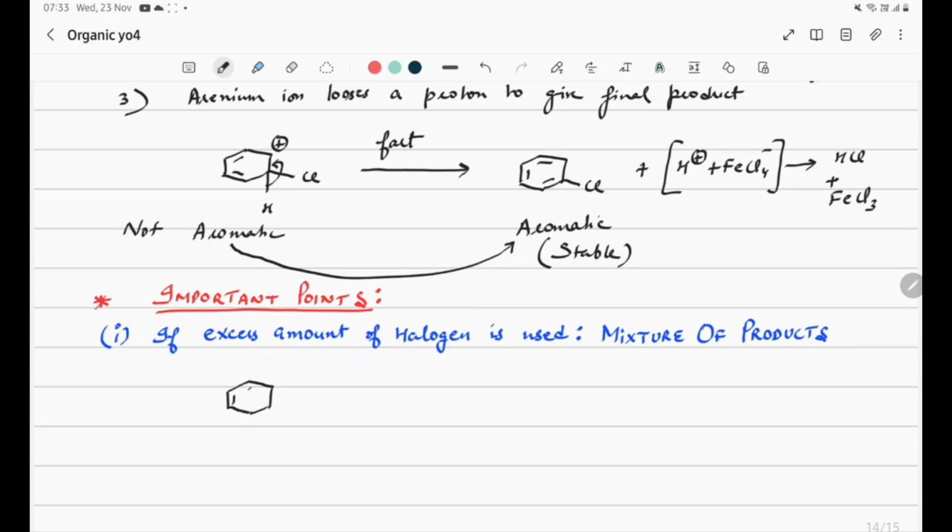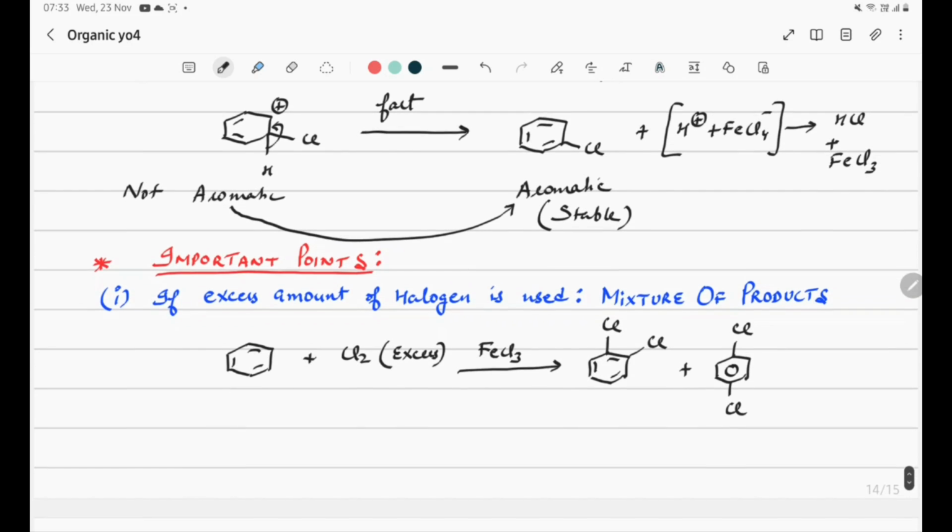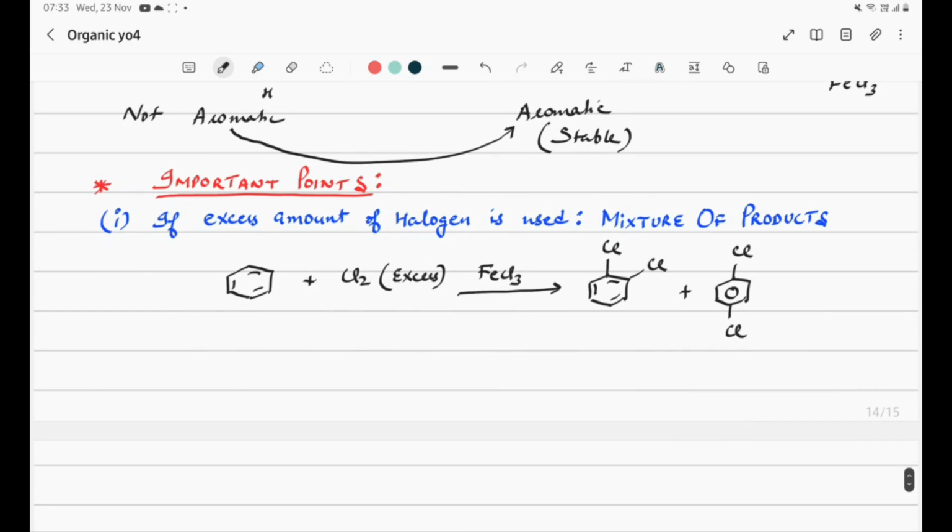For example, if we use chlorine in excess in the same reaction, then we will end up with a mixture of 1,2-dichlorobenzene and 1,4-dichlorobenzene. So this is what we do not want in an organic reaction, that a mixture of products is formed.